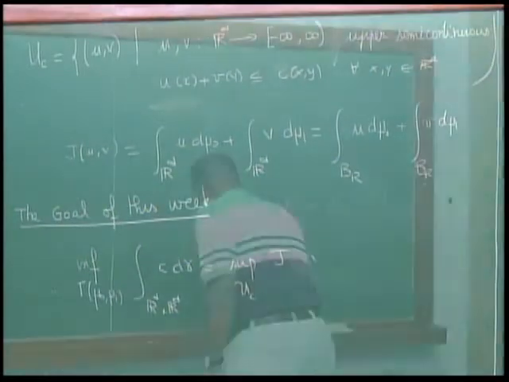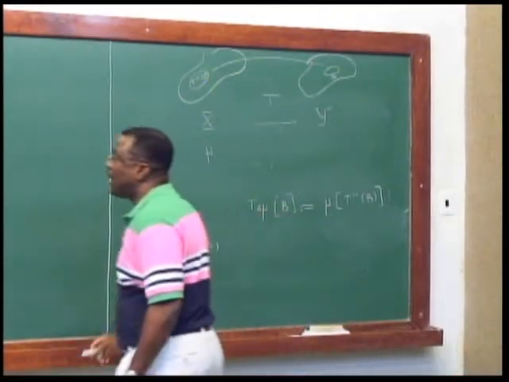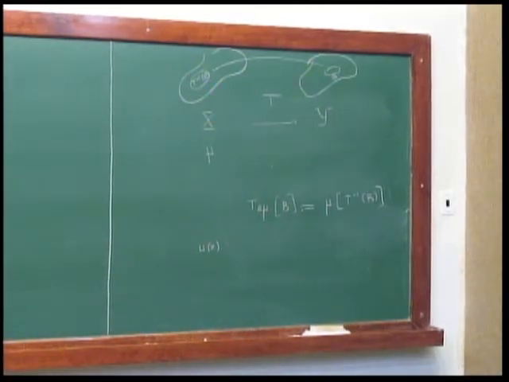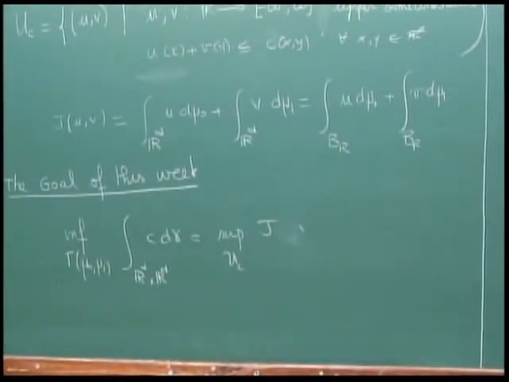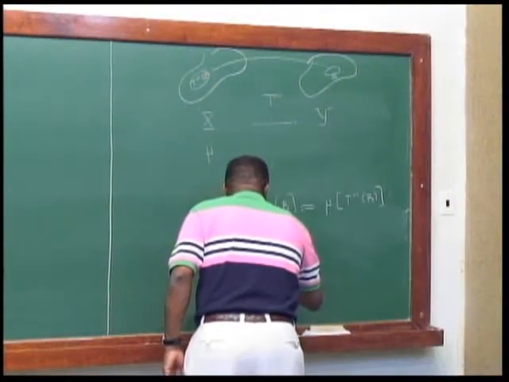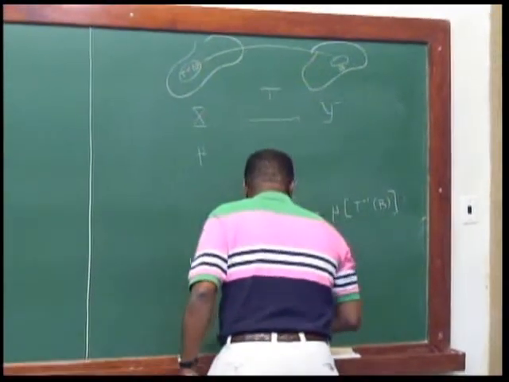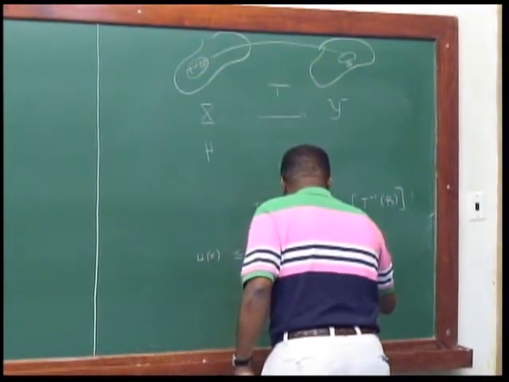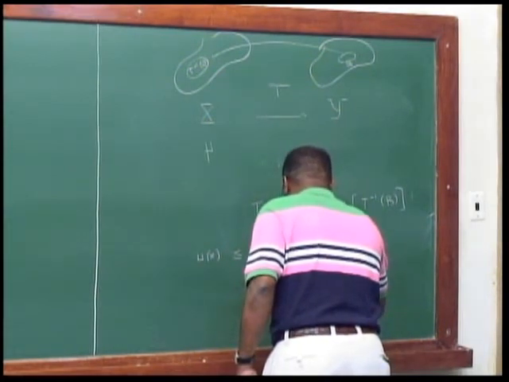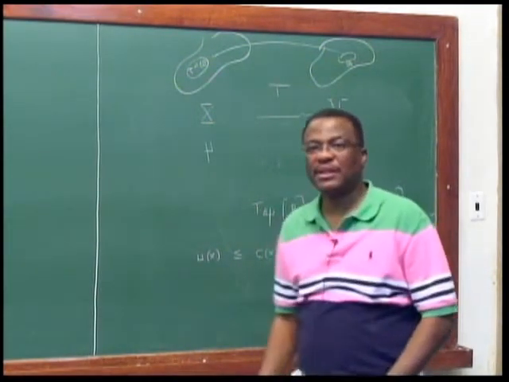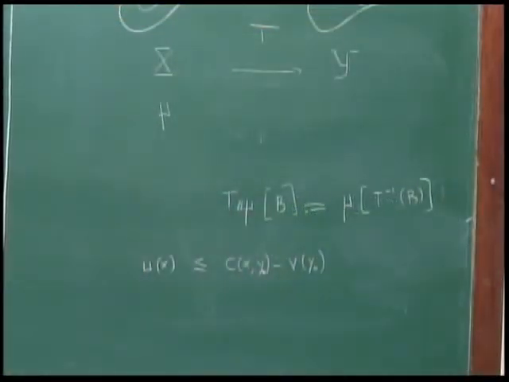So u of x, by this condition, u of x is less than c of x, y, minus v of y naught for any y naught in R^d. So let me add that u is not identically negative infinity and v is not identically negative infinity.